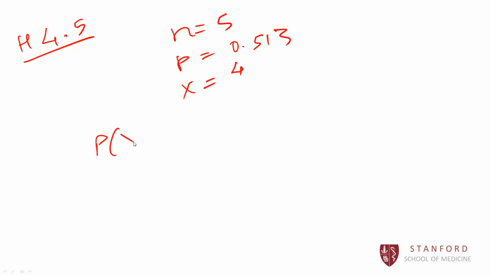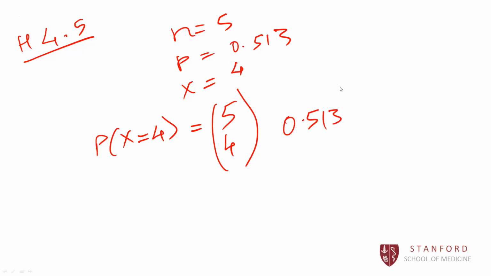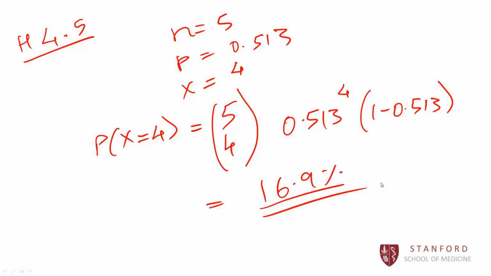And this, recalling the expression that we had for the binomial distribution, and if we do the math here, we'll find that the answer is 16.9%. So there is a 16.9% chance that out of the next 5 births, exactly 4 are boys.